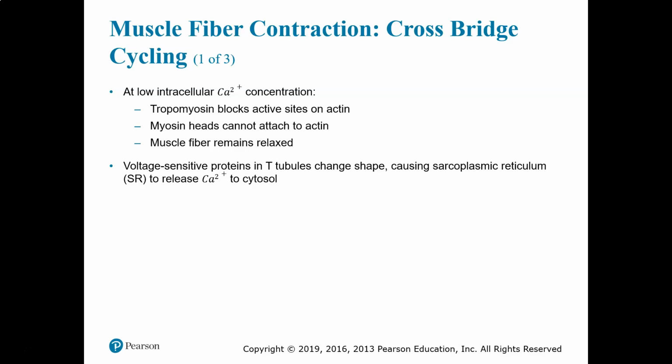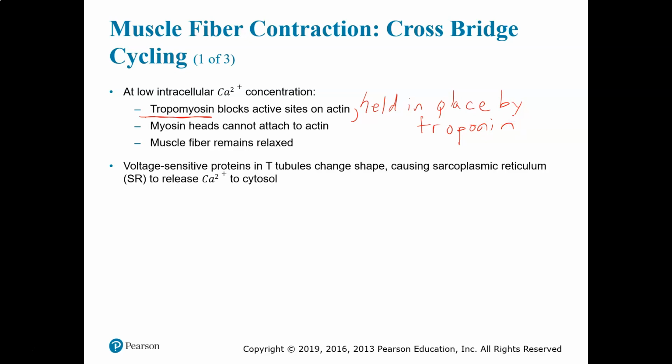When calcium concentration is low, tropomyosin blocks the active sites on actin because the tropomyosin is being held in place by troponin. So let's add that to this note. The tropomyosin is covering the active sites, but what is holding the tropomyosin in place is troponin.